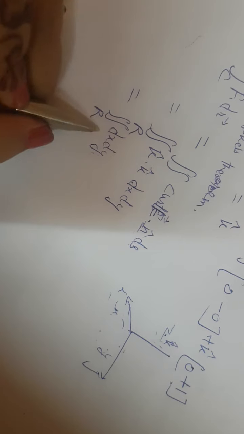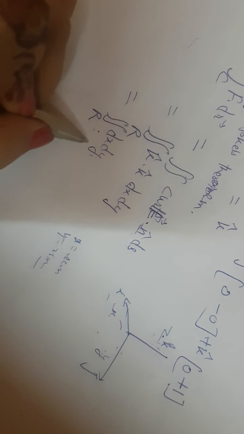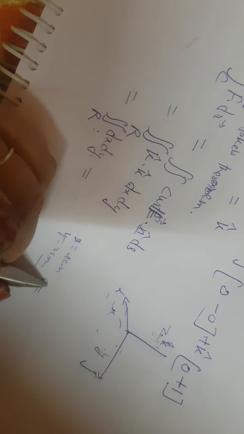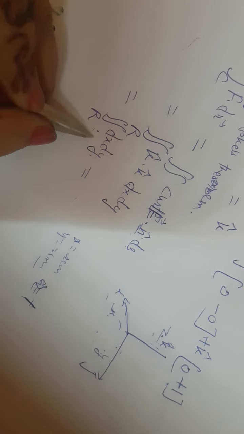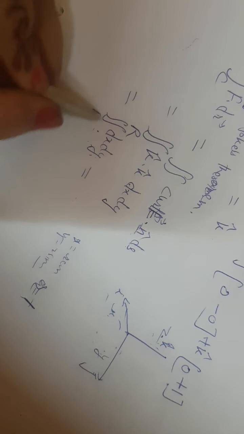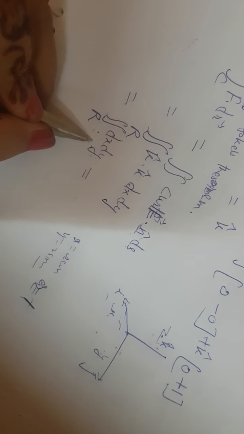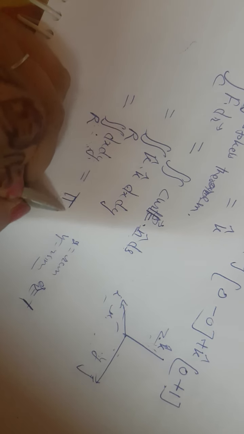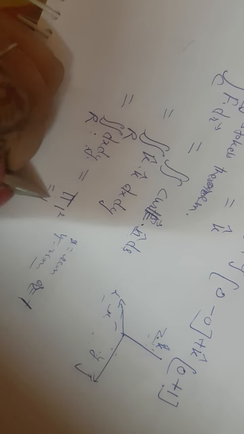Clear? I have already told you that if x is equal to r cos theta and y is equal to r sin theta, you have solved this integral, and here a is nothing but r. This represents the surface area. Surface area is nothing but pi a square, and a square is 1 square, so that is pi.